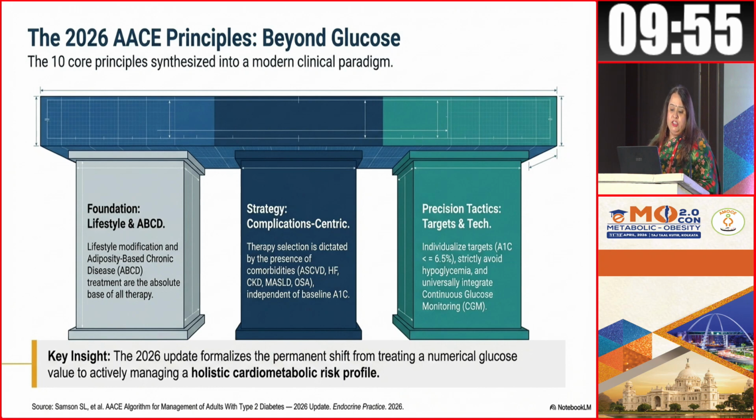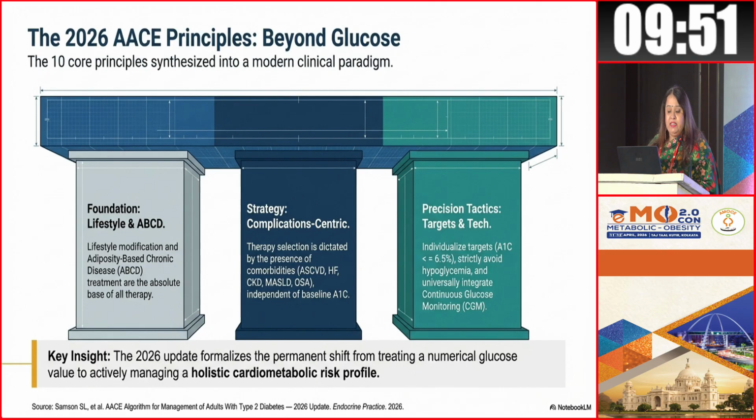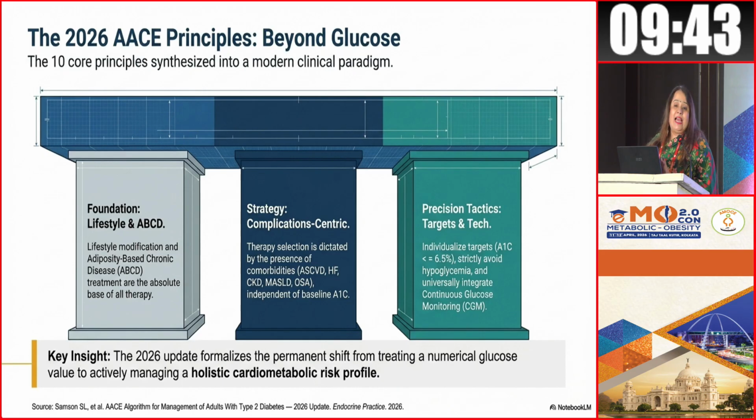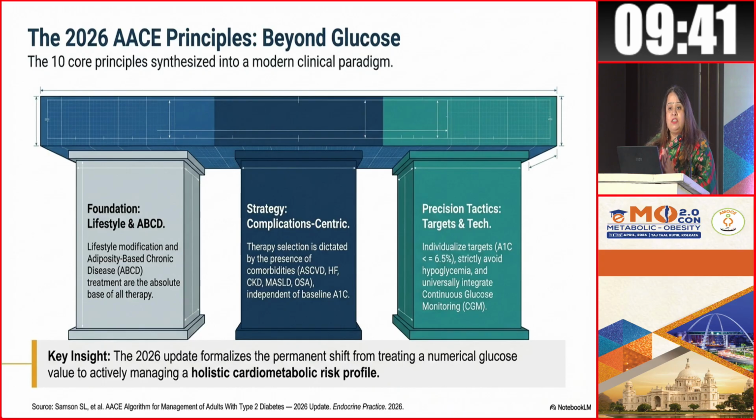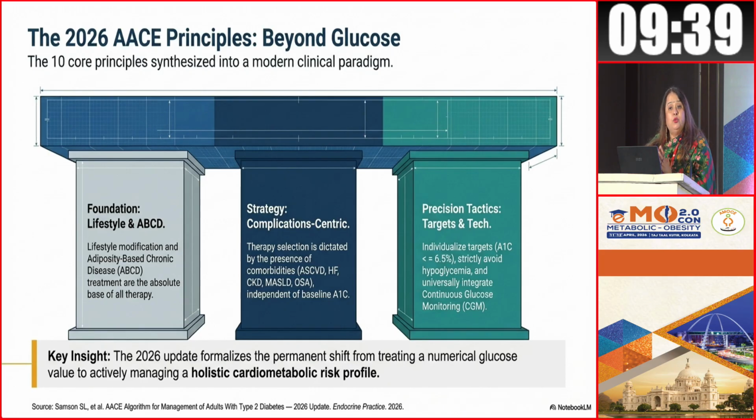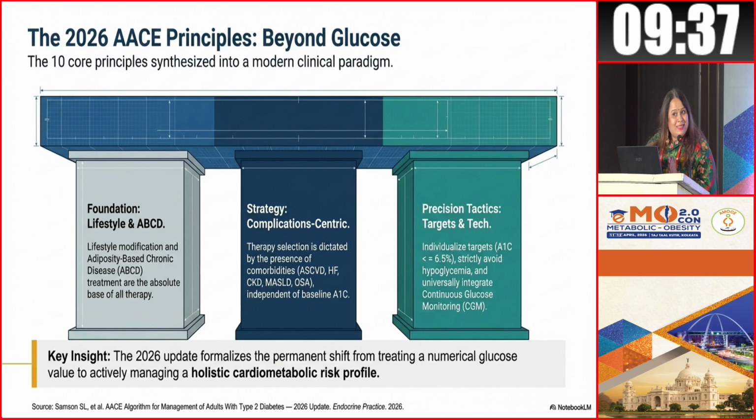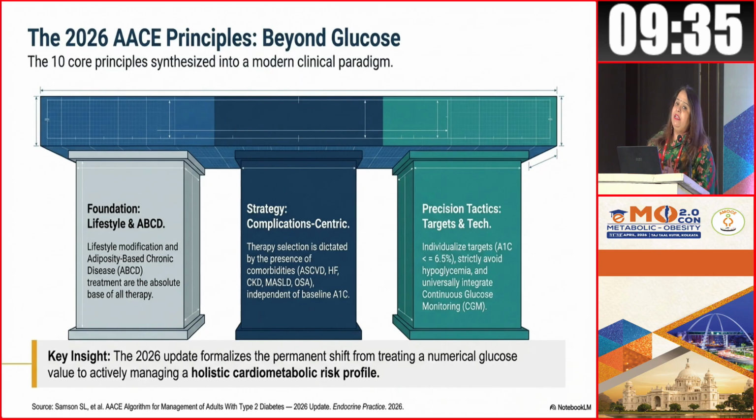So therapy selection is dictated by the presence of comorbidities, namely ASCVD, HF, CKD, MASLD, and also obstructive sleep apnea. And then precision tactics, which is targets and tech. So they do want to integrate CGM as well, which is a great and welcome move.